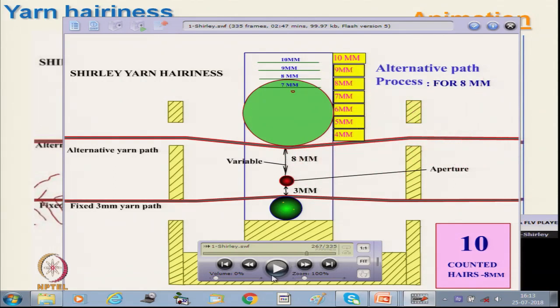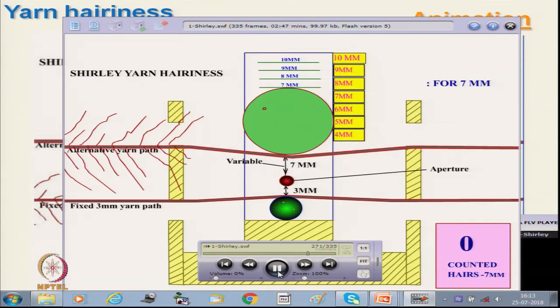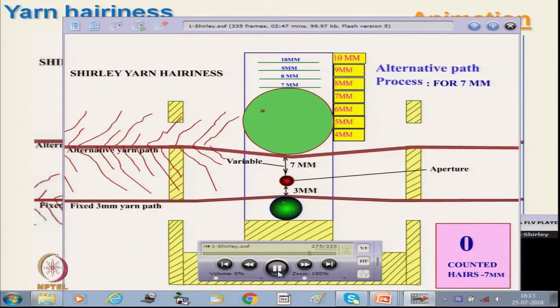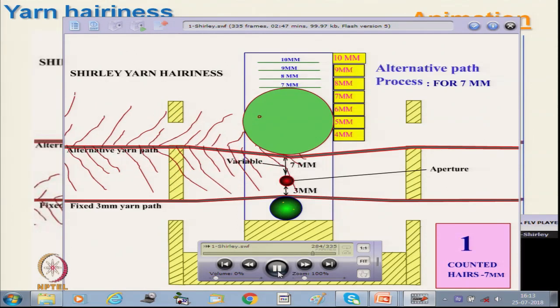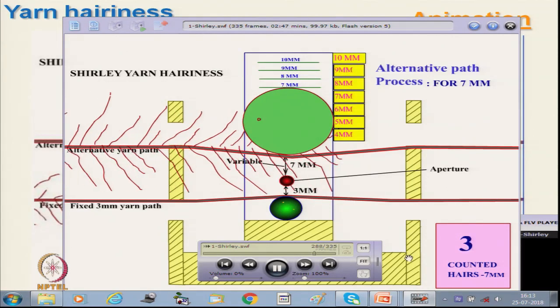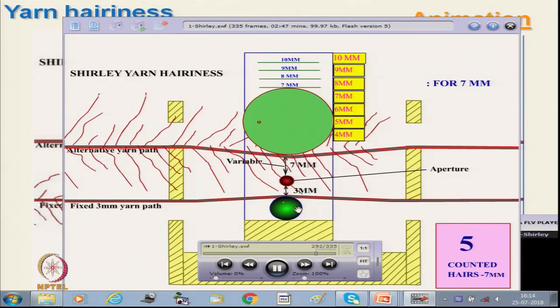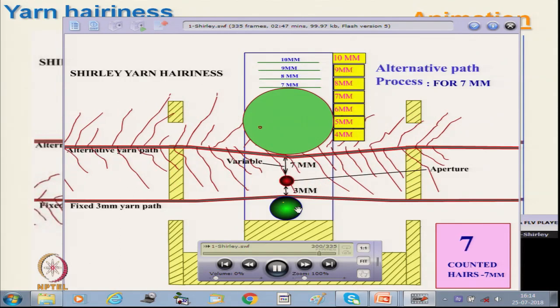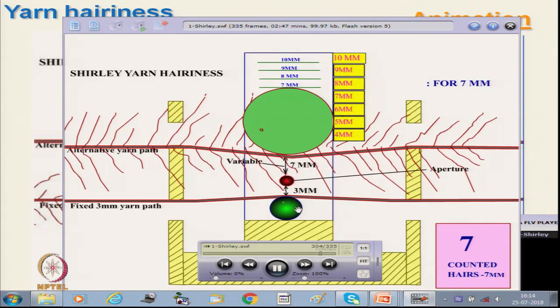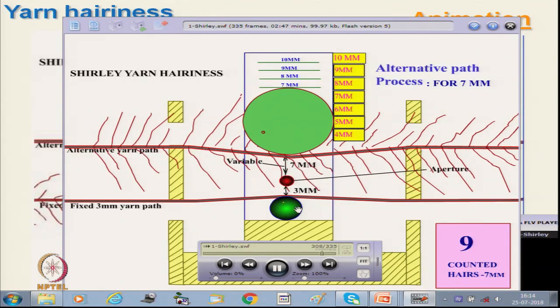Now, this is 8 millimeter. Now, we have shifted a little bit more, 7. So, it should be more than that. Okay. So, that way we will get the total distribution of the hairiness, but here we cannot test more than one setting at a time. We have to change the setting, we can take only one setting at a time.